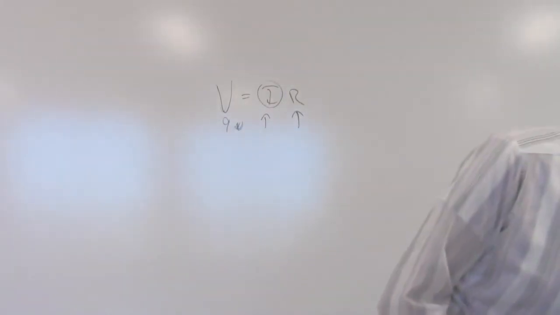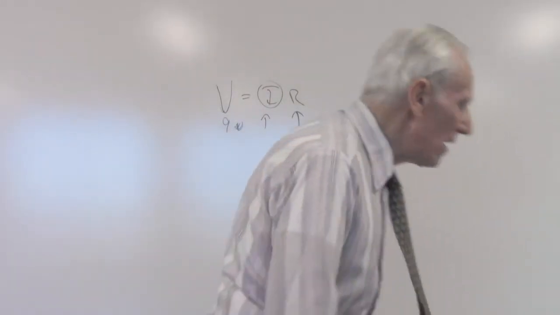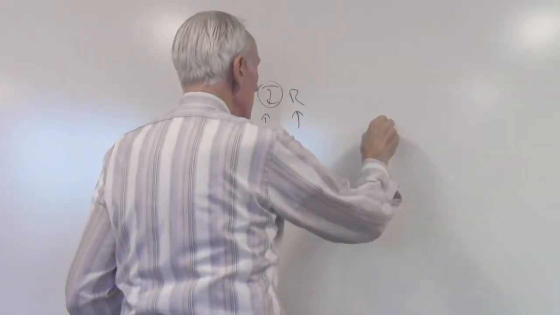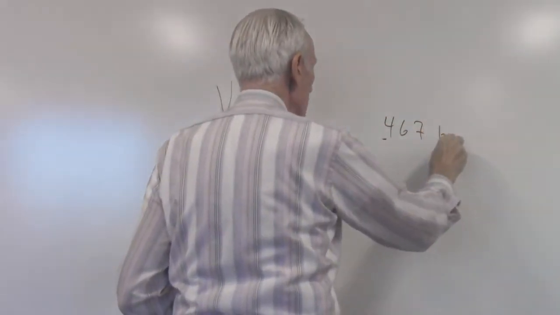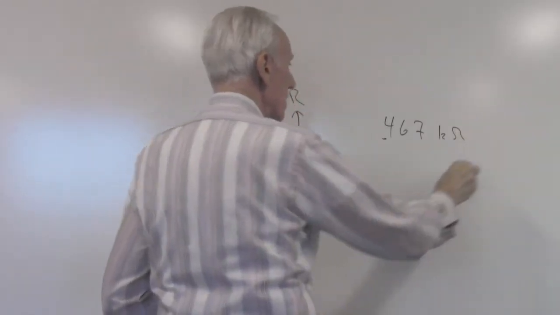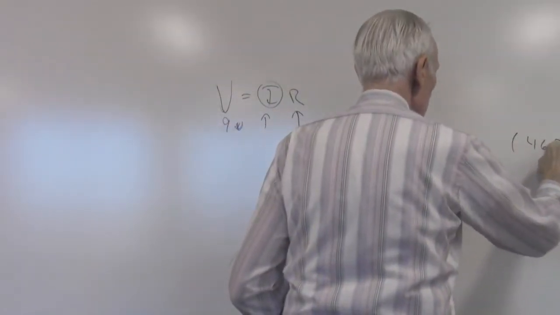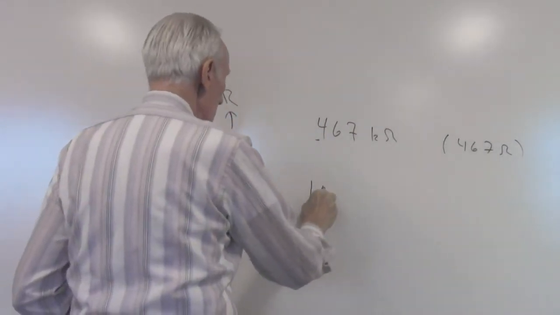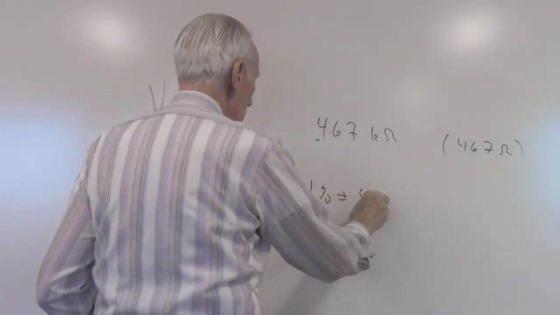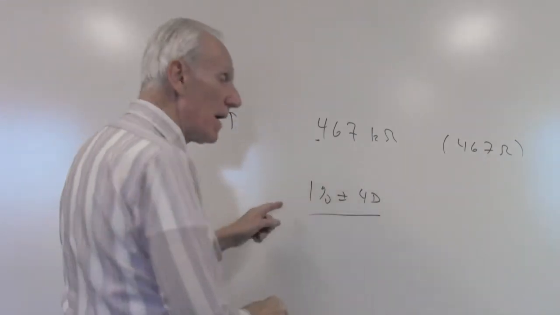So the meter is reading 0.467 kilo ohms, which is 467 ohms, and it's 1% plus or minus 4D. That's how accurate it is.